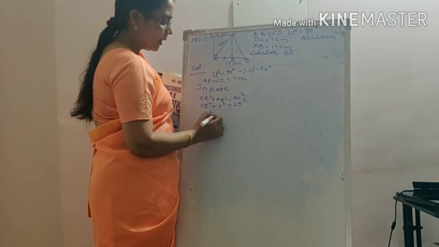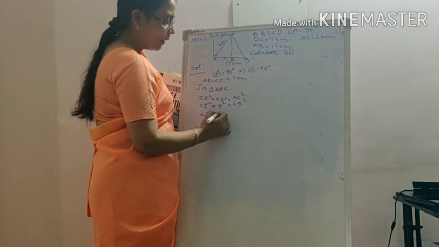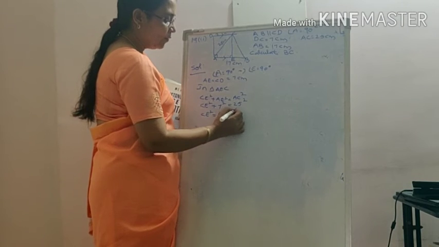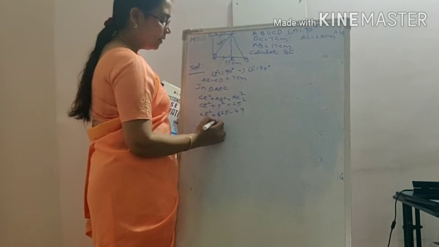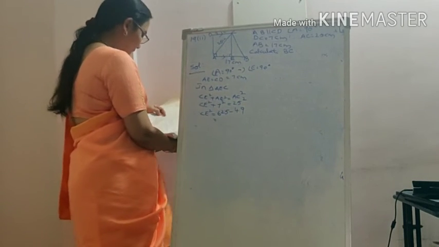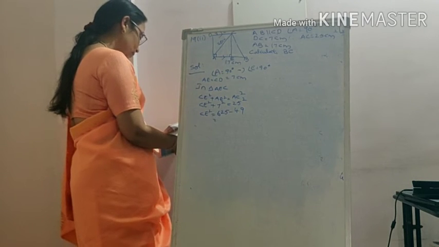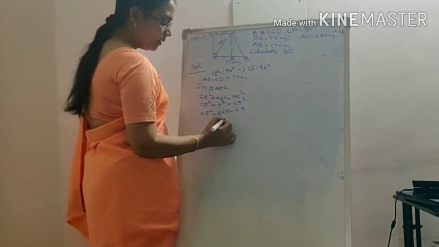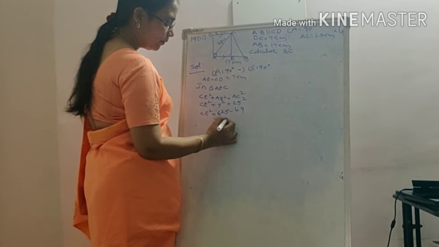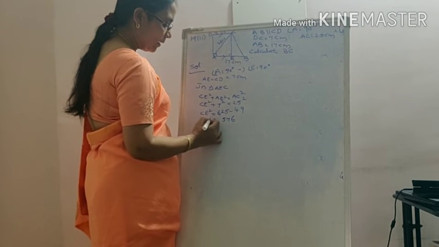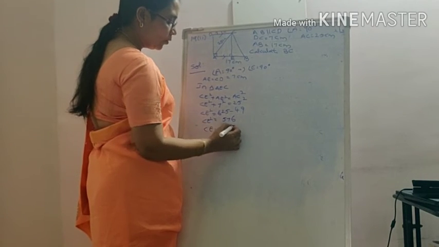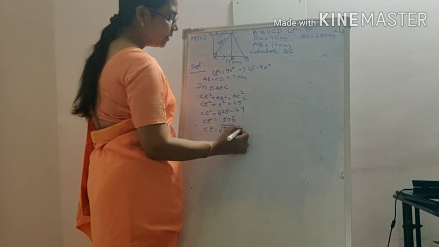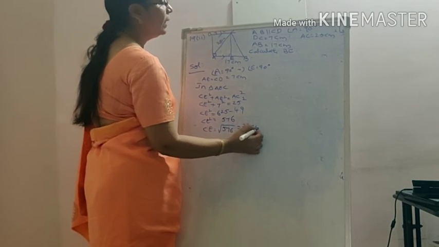So CE square is equal to 625 minus 49. So it is 576. So CE will be under root 576, which is 24 centimeters.